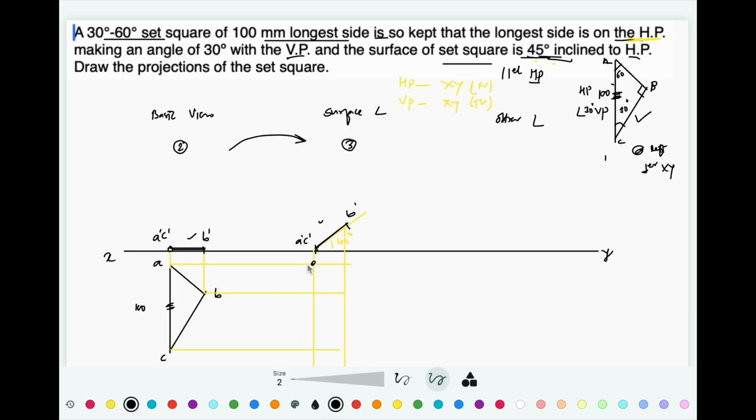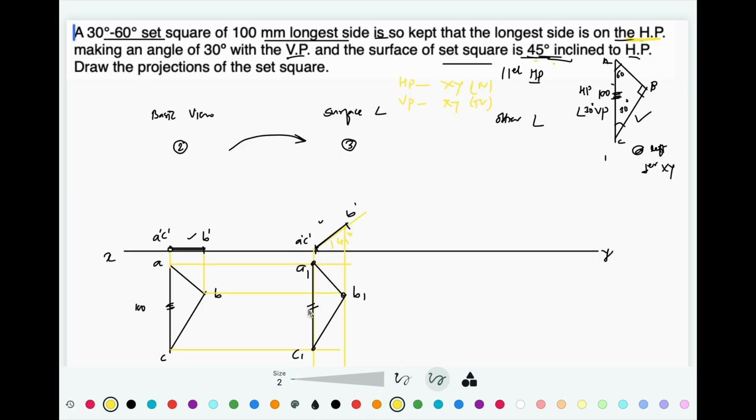So this is A dash from front view, A from the top view. So this is A1 because dimensions are changing, and this is B1 and this is C1. So connect these points and complete the view. So this is the resting reference that same we have taken from the first step.